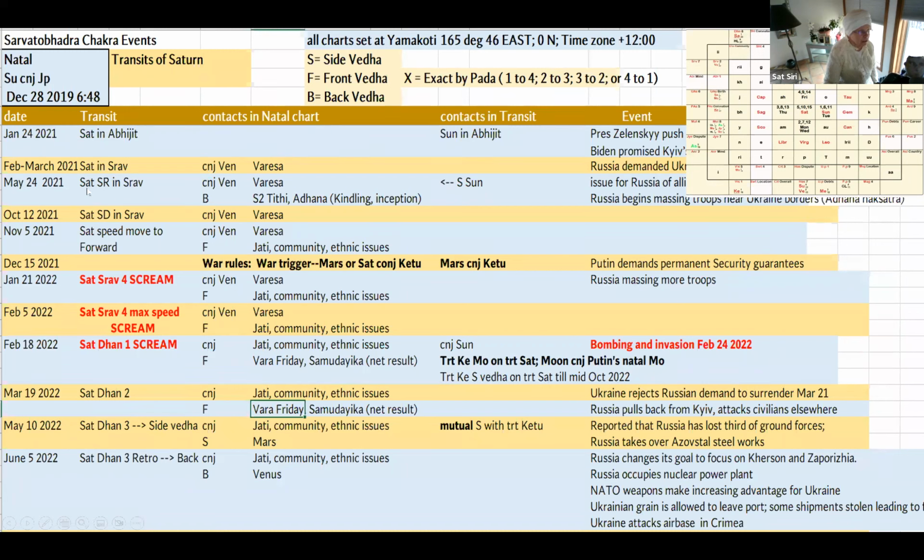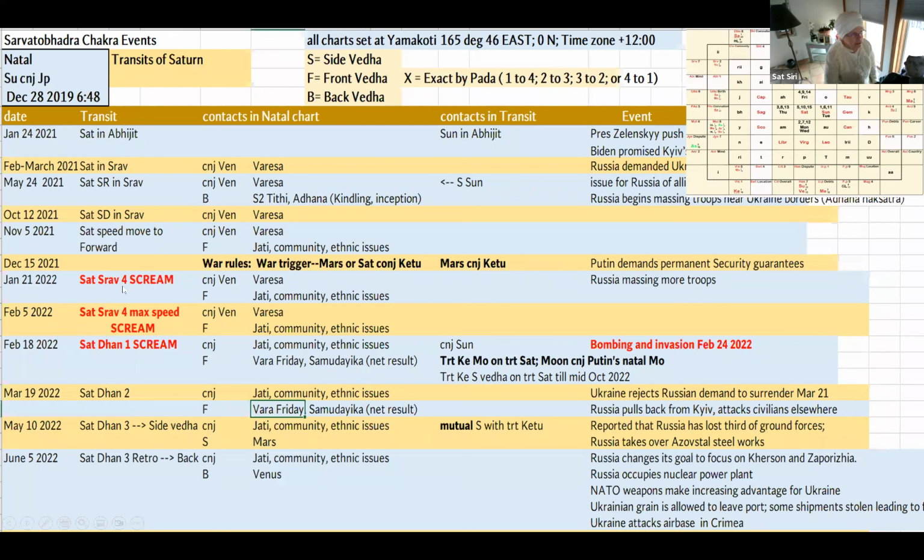Saturn went into Shravana, and it went retrograde in Shravana, and all this took a lot of time, and then it started moving forward in November 21, and in December, the actual war trigger of Mars conjunct Ketu happened, and that's where Putin demanded some permanent guarantees, and then he started massing troops and doing all kinds of things.